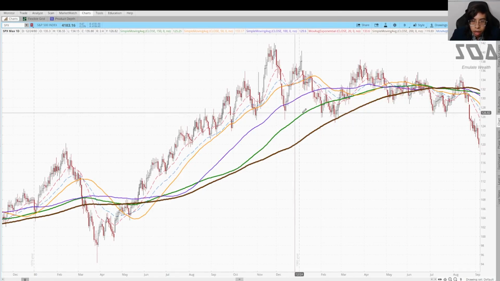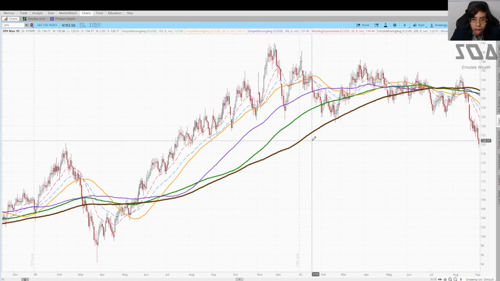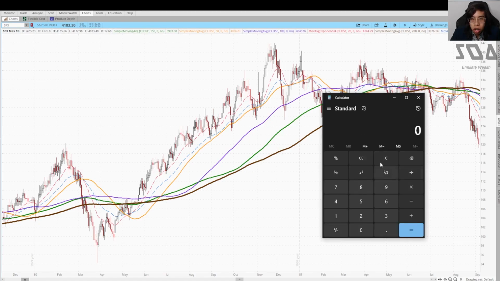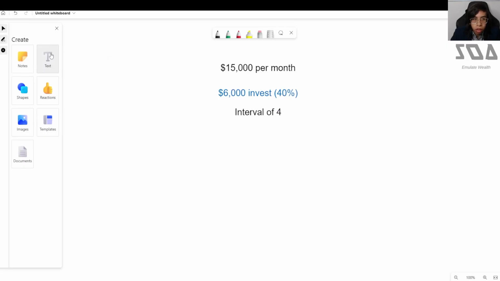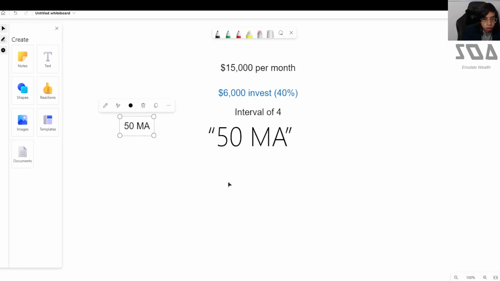But then this is what I was going to say. As the price goes lower towards the lower moving averages, the more you're going to invest. That's why I keep saying a general rule that you could have, if we go to this tablet here, is that if the price hits the 40 EMA, which is the moving average, you would do 10 to 15%.